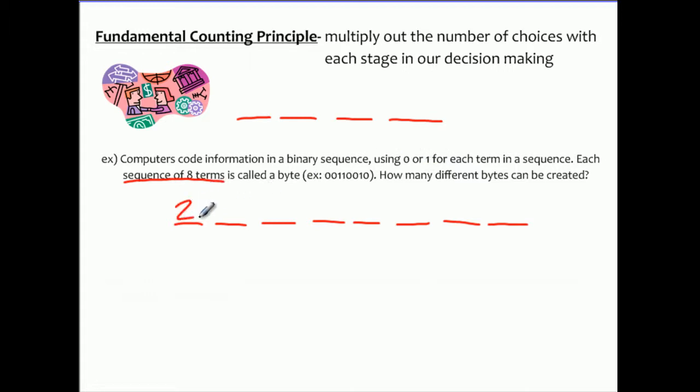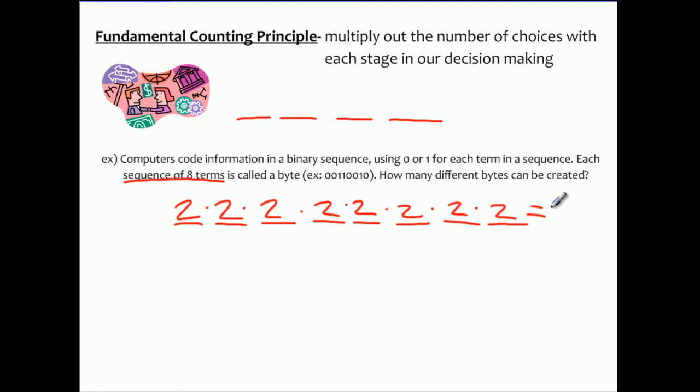You have 2 decisions to make for the first position. You have either a 0 or a 1 there. For the second position, you could have either a 0 or a 1 there, and same for the third, fourth, fifth, and so on. Then you multiply each of these together to get the total number of ways that you can make a byte.